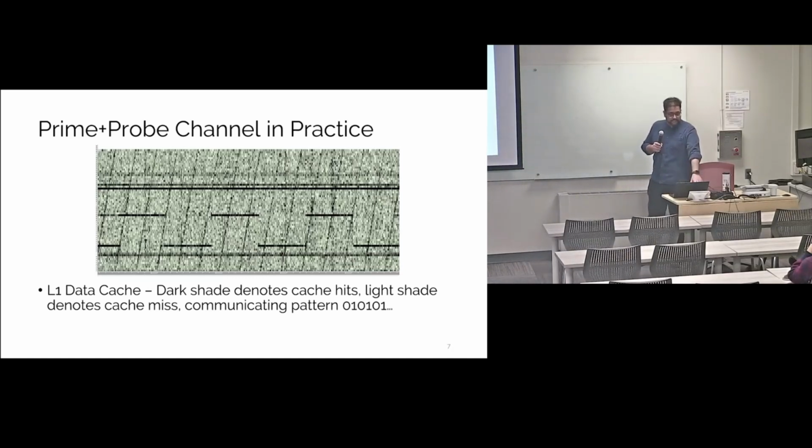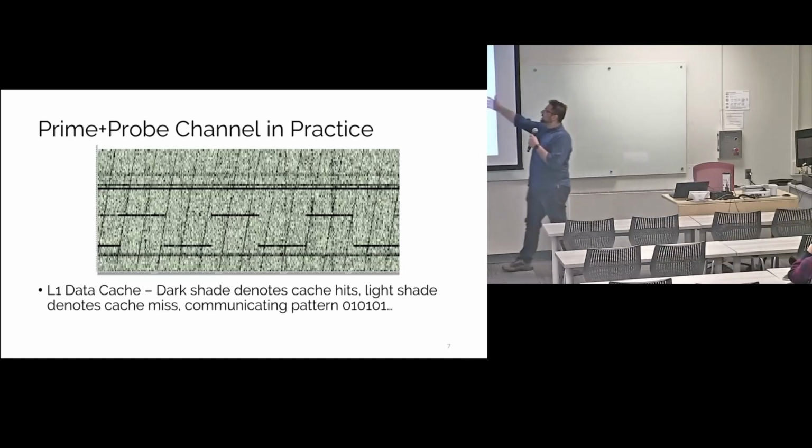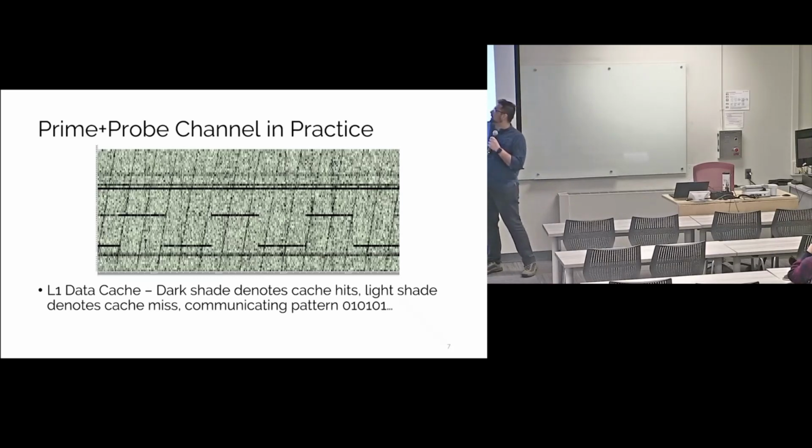So here you can see that I can get certain patterns for cache hit and cache miss, and through set A, I'm transmitting 1, 0, 1, 0. I'm transmitting bit 1 during this epoch, bit 0 during this epoch, bit 1, bit 0, and so on. And then using another set, I can communicate more information.